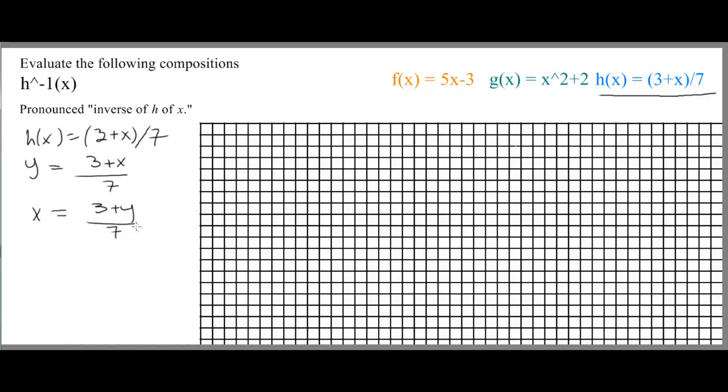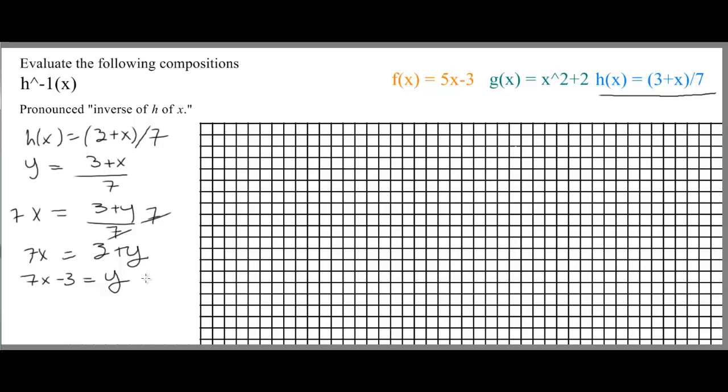Now we need to isolate y. Right now it's all being divided by 7, so to undo division, we're going to multiply both sides by 7. These factor out. So y is still not by itself. 3 is being added to it, so let's subtract 3 from both sides.